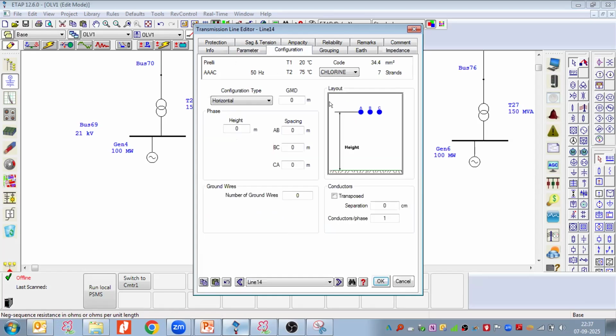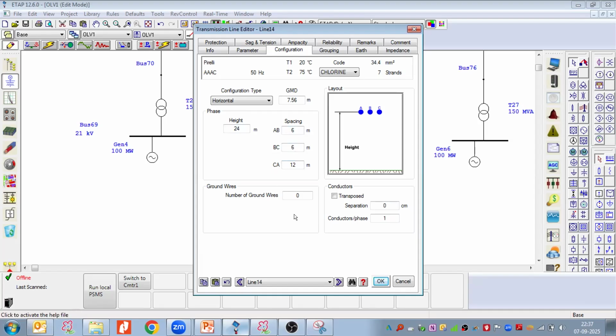Then we have configurations, like transmission line tower height. This we can define over here. And then spacing ABC, it is the RYB phase. So A to B is the spacing, like R to Y spacing. As per the transmission line tower diagram, we can enter the values over here: A to B, B to C, and C to A spacing.